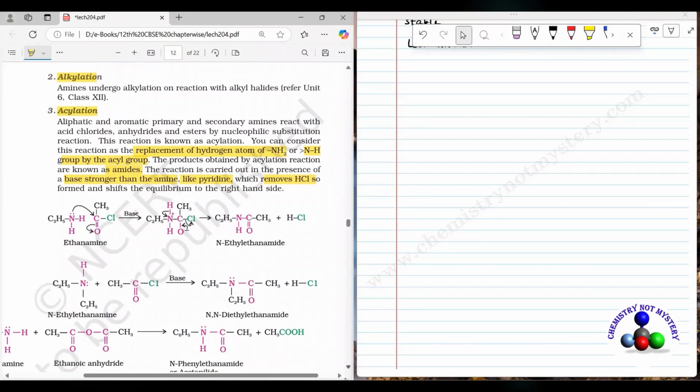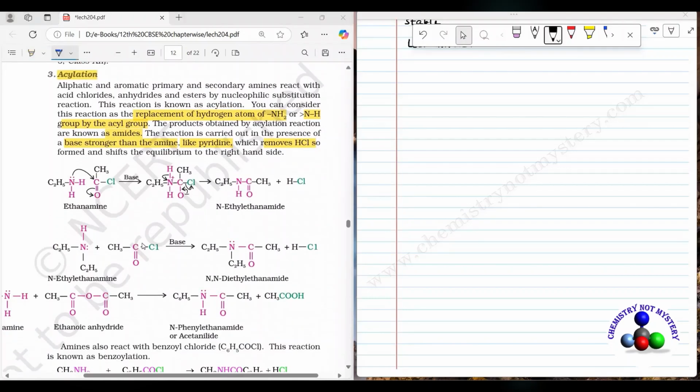Now let's see the reaction. So let's take the example of ethane amine. In ethane amine there are two carbon atoms. So C2H5 and here it is bonded with NH2. Nitrogen has one lone pair of electron. So it can act as a nucleophile when it reacts with acid chloride.